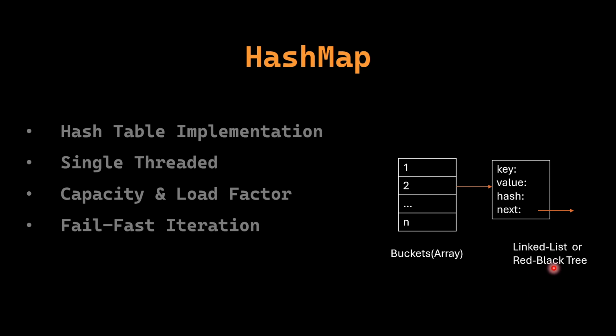In Java 8 and later, when a bucket becomes too crowded, it converts the linked list into a red black tree to maintain performance. This smart design choice keeps operations fast even with many collisions. The load factor, set to 0.75 by default, determines when the array should resize to maintain efficiency.